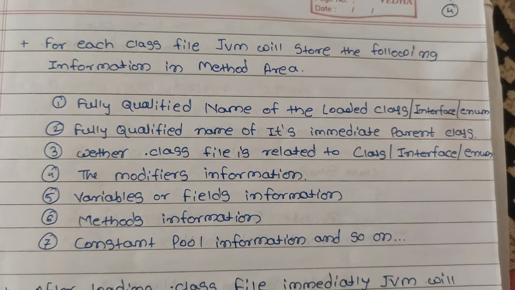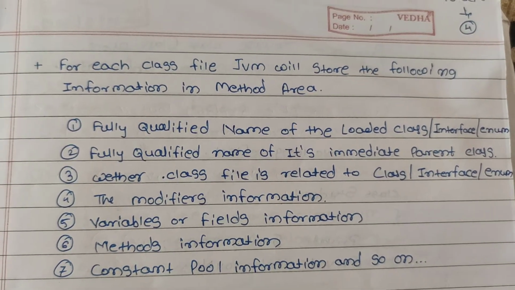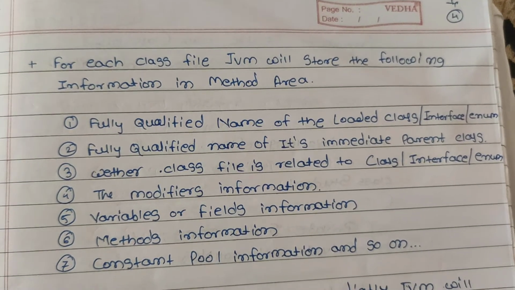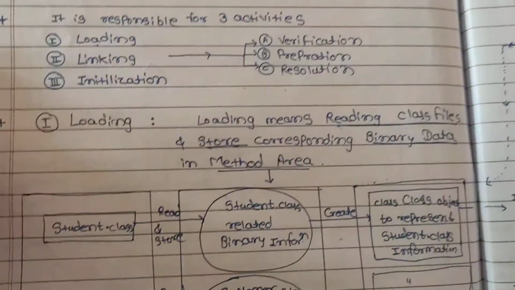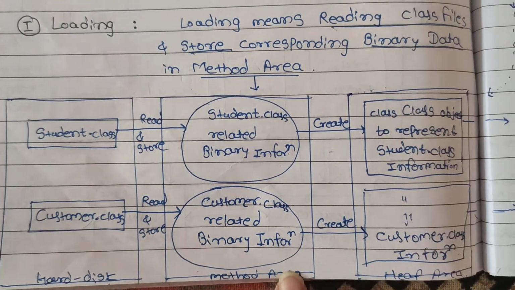I hope you guys are able to see this properly. For each class file, JVM will store the following information in the method area. As we saw here, this is the method area.